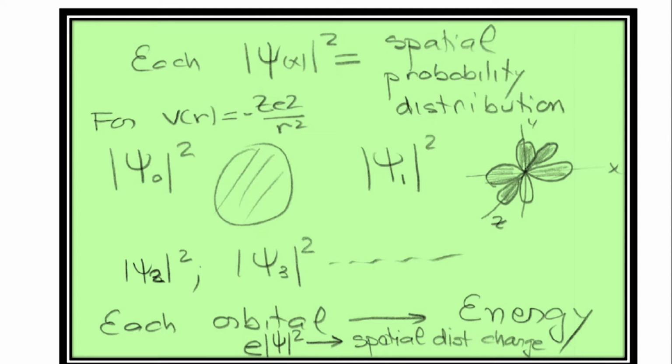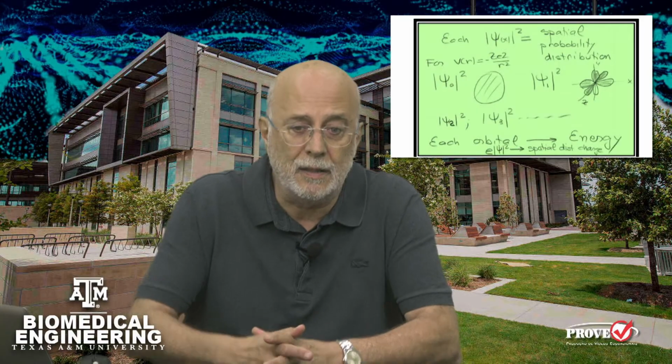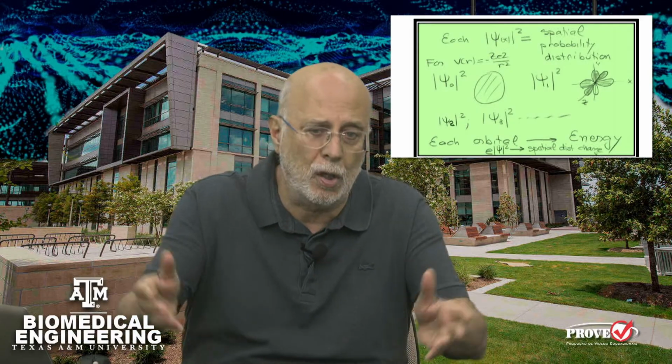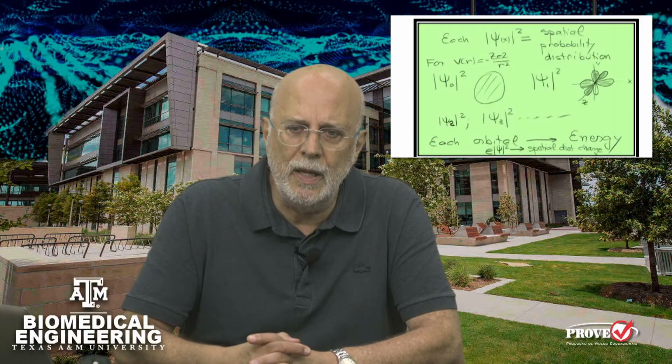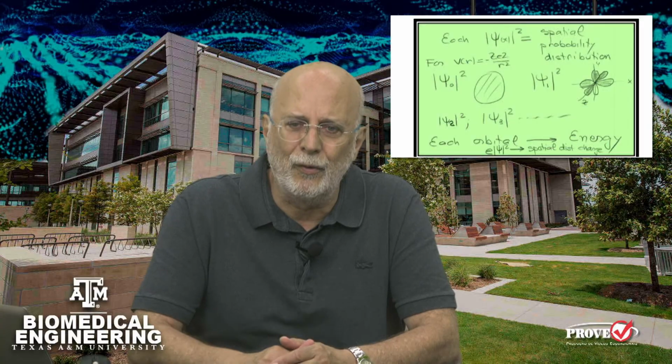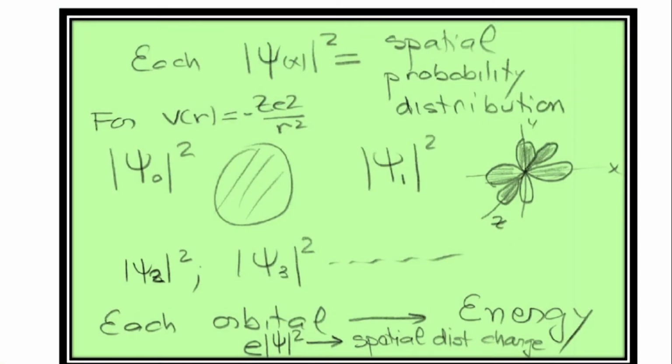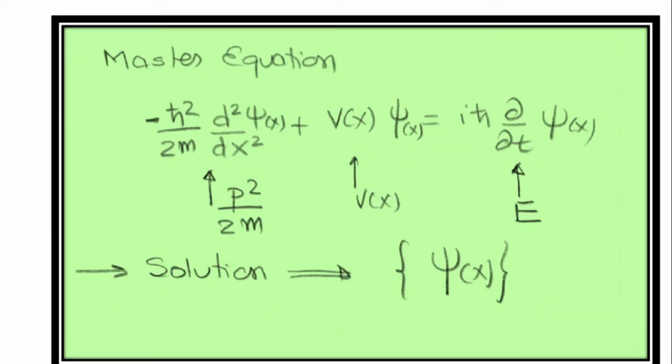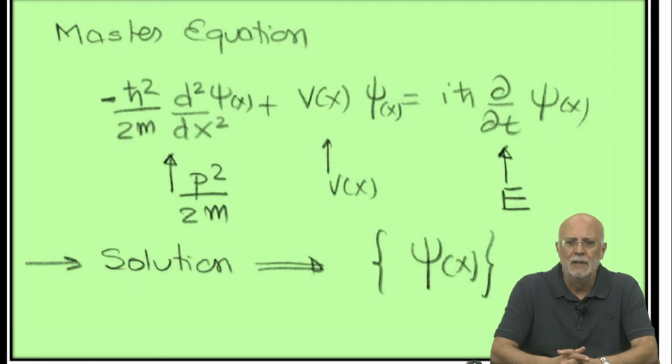Normally, a physical system has a collection of possible distributions. In your case, the atom, the electron, so the charge. In the case of a particle, any particle, it will be the distribution of mass. So each orbital, in fact, has an energy, because if you go back to the equation, each potential is fixed.